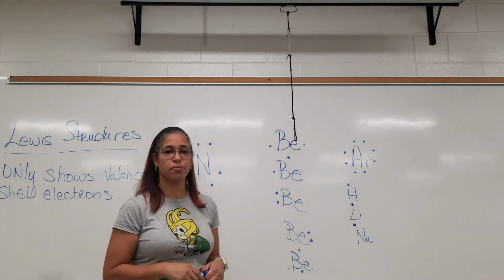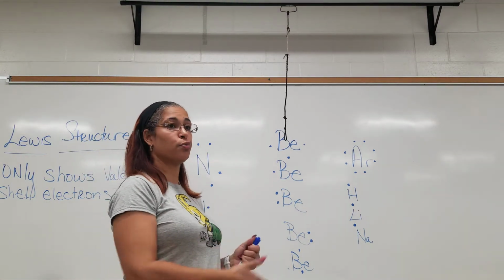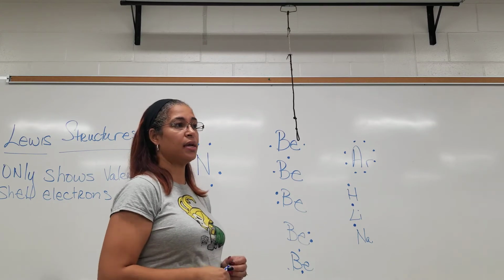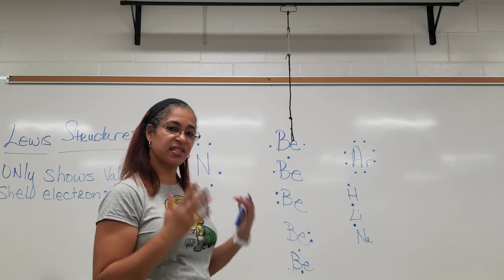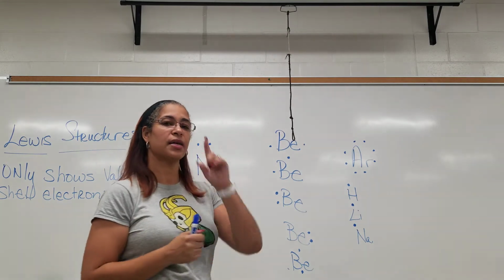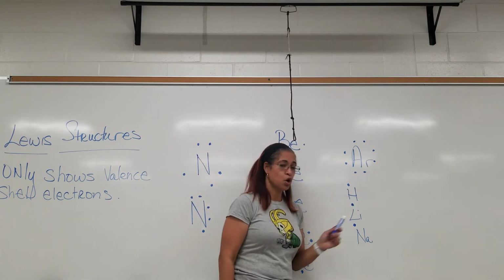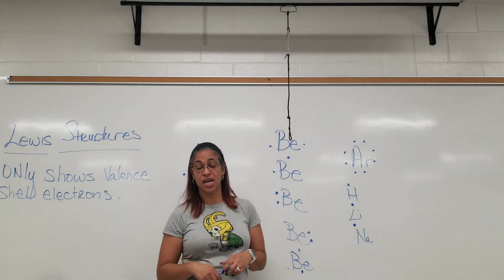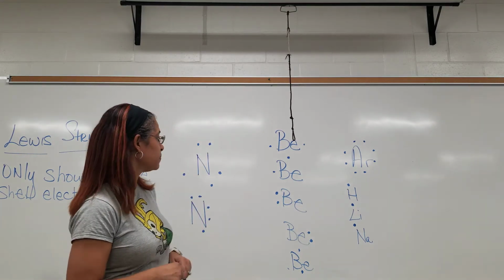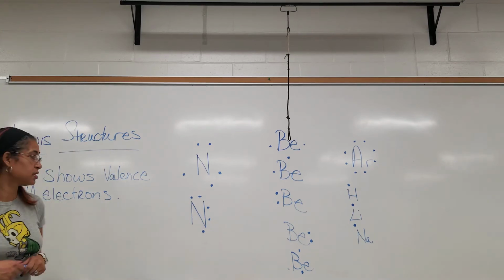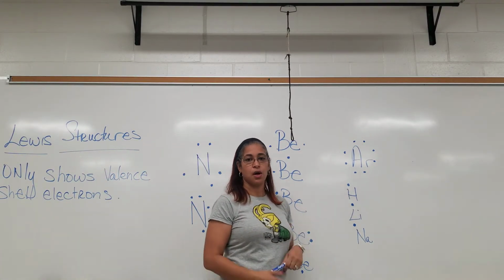As a reminder, the groups are the columns and the periods are the rows. Every element in group 1 has one electron in its outer shell, so its electron configuration will be like this. Every element in group 8 has 8 electrons in its outer shell, so its electron configuration is going to be like this.